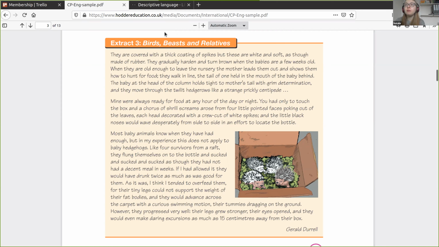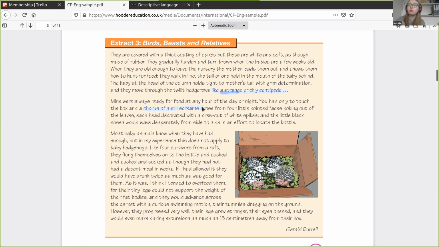So some of the techniques that Gerald Durrell has used, for example, "a strange prickly centipede." What would that be an example of? If you said simile, excellent stuff. That is a simile. "A chorus of shrill screams." That is personification.